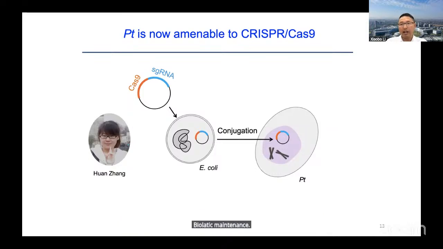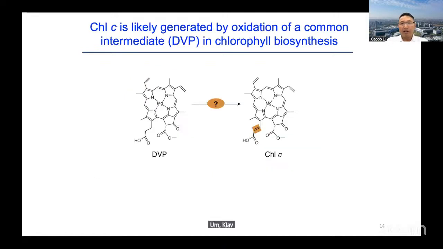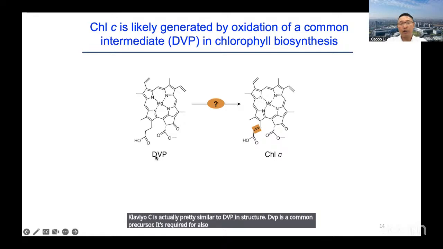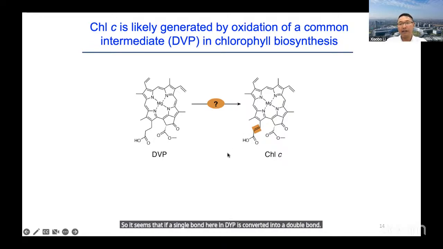With this approach, now we think about what kind of genes could be important for chlorophyll C biosynthesis. Chlorophyll C is actually pretty similar to DVP in structure. DVP is a common precursor. It's required for also chlorophyll A and chlorophyll B. So it seems that if a single bond here in DVP is converted into a double bond, chlorophyll C is actually easily generated.